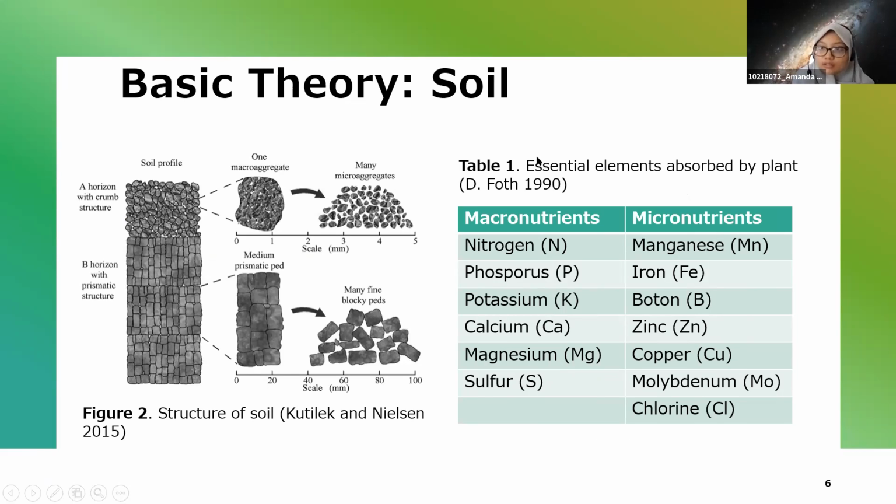During the growing process, the plant needs to absorb some nutrients from the soil. There are at least 16 essential elements, divided into macronutrients and micronutrients, shown in table 1, that plants need for their growth.